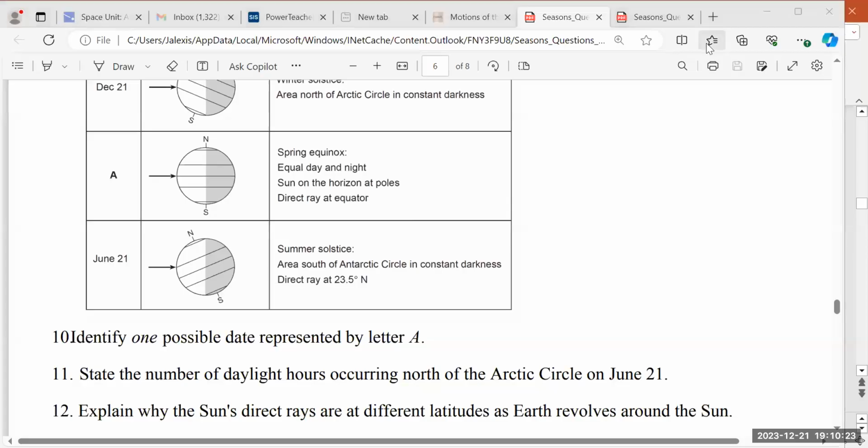Number 11 says, state the number of daylight hours occurring north of the Arctic Circle on June 21st. All right. Well, first things first, what is the latitude of the Arctic Circle according to our notes?